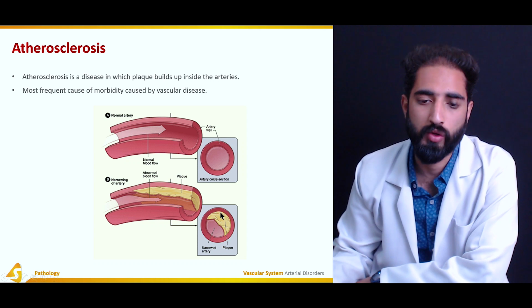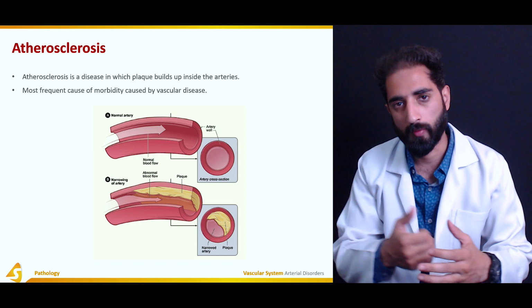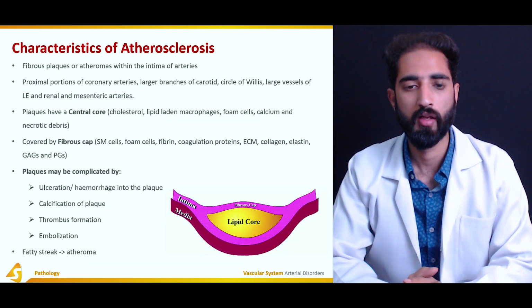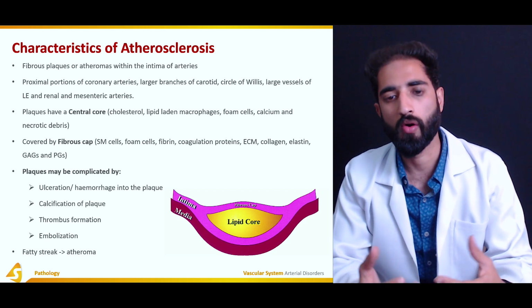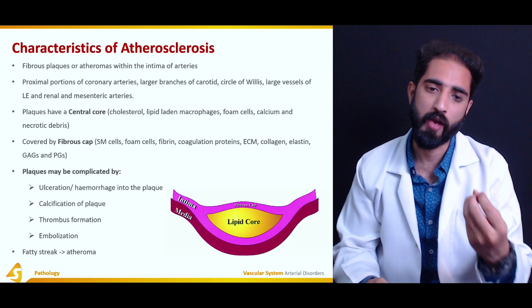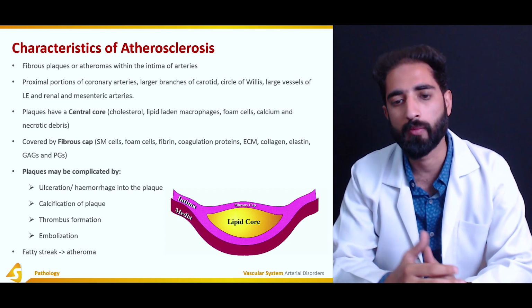So this narrowed artery would lead to impaired blood flow or blood supply to the areas that it is supplying. Now, what are the characteristics of atherosclerosis? These are characterized by fibrous plaques, also known as atheromas, within the tunica intima of the arteries.